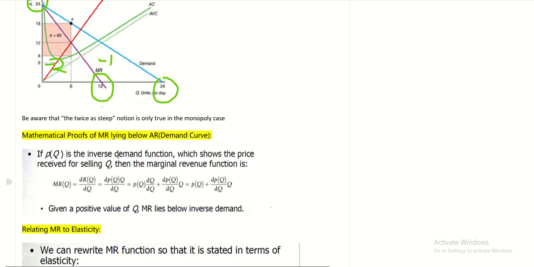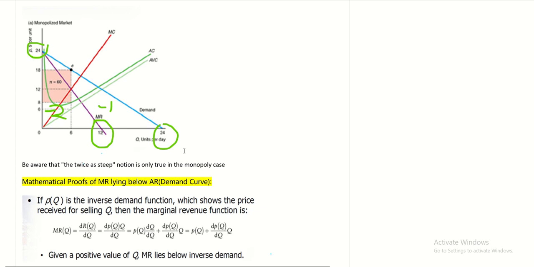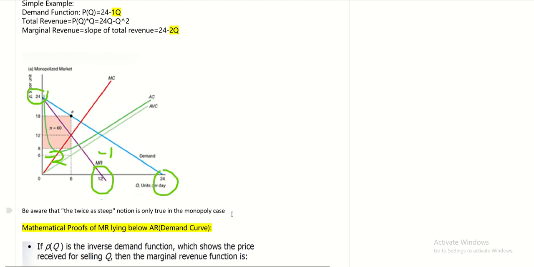So please note that the twice as steep notion is only true in the monopoly case, and we actually have the assumption that the demand curve is a straight line demand curve. If we use a more realistic curved demand curve, that will not be the case because there won't be a constant slope.